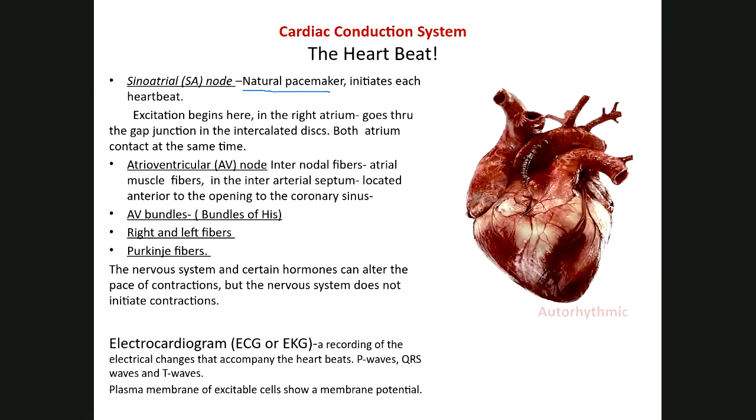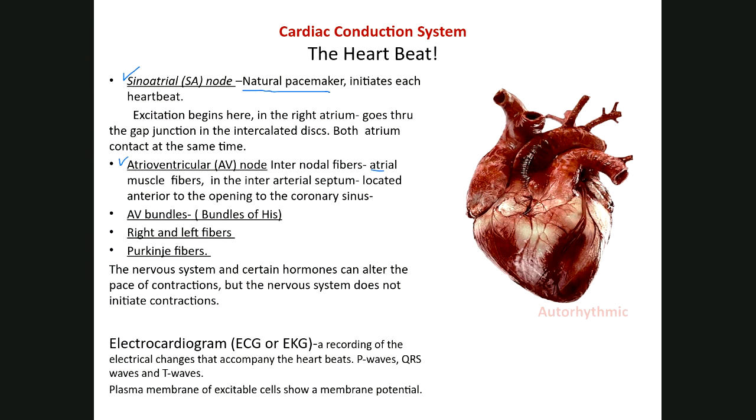It starts at the SA node, and then it's going to travel to the AV node, or the atrioventricular node. This is located in the interatrial septum between the right and left atrium.